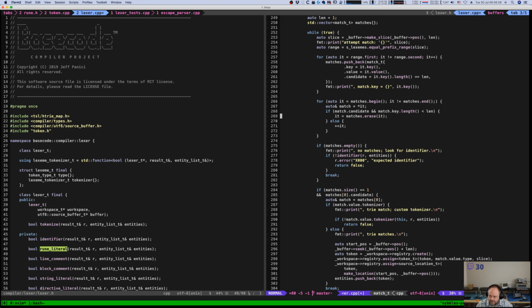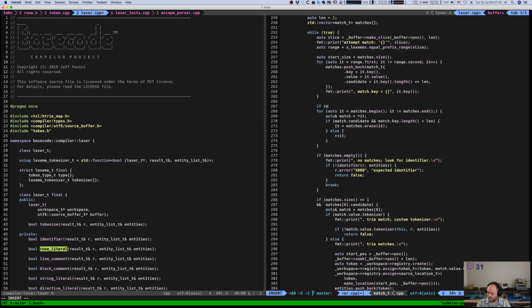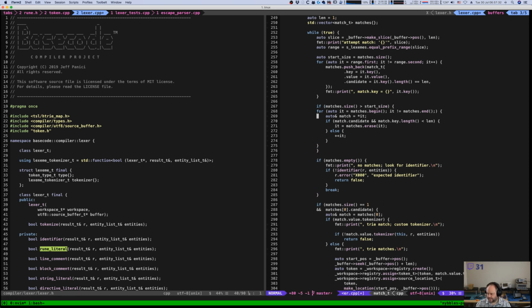Only if new candidates this round were added, then we want to truncate, trim out older candidates.